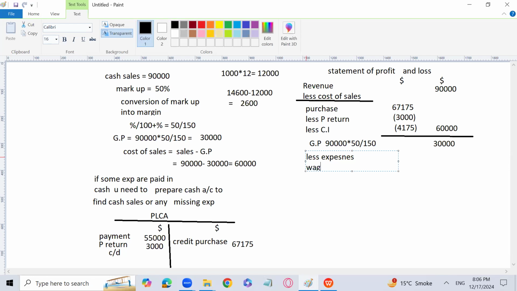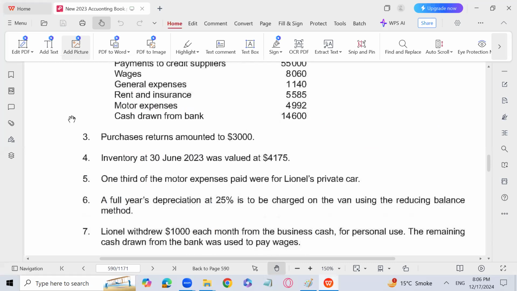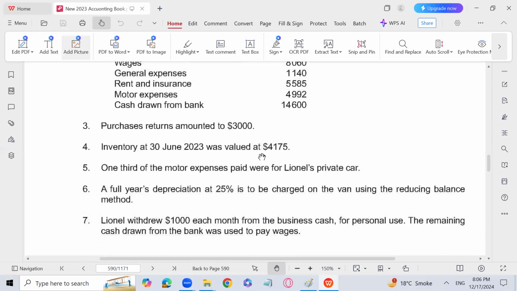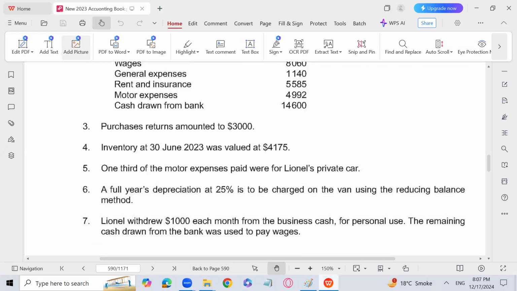First, I will write the wages: 8,060 plus 2,600. What is the amount? That is going to be 10,660. 10,660 is the total amount of wages which we are going to write.